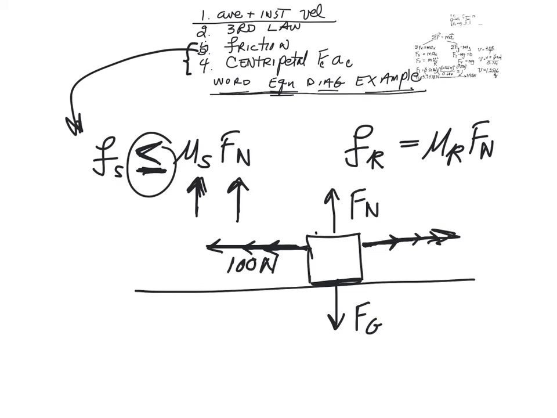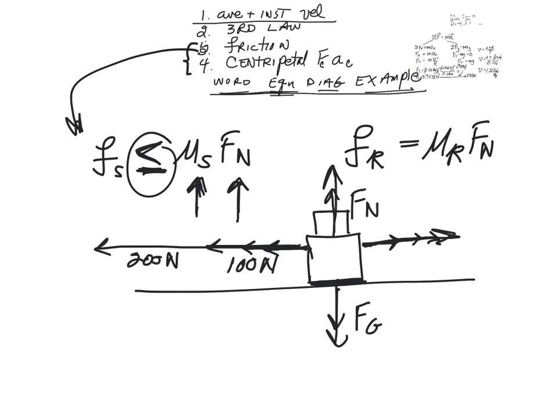But if now I add some weight to the crate, then the normal force gets bigger, and the two surfaces are pressed more tightly together. If I double the normal force, now it will take 200 newtons of force to move the box.